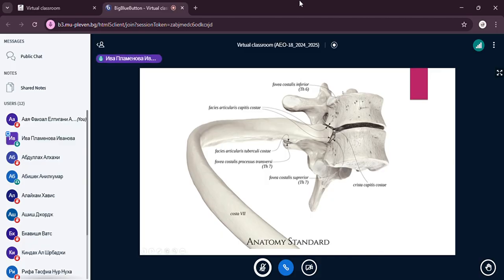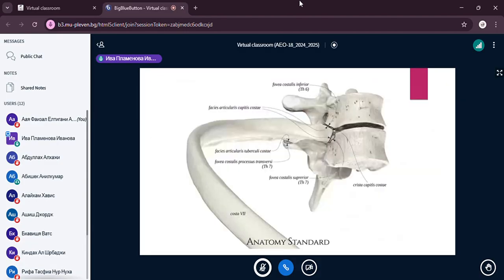So one rib head articulates with two adjacent vertebrae. And of course, the transverse process and its articular surface for the tubercle.